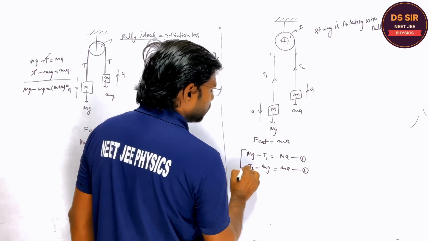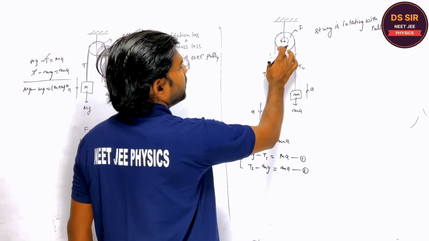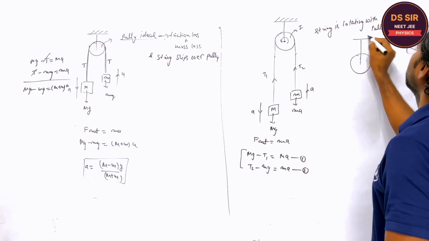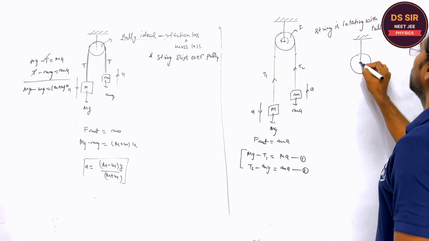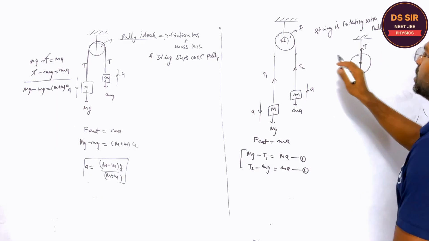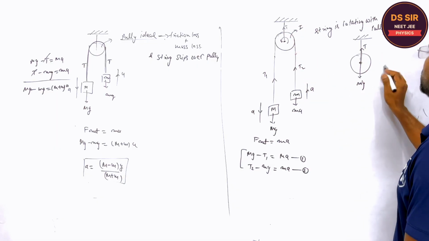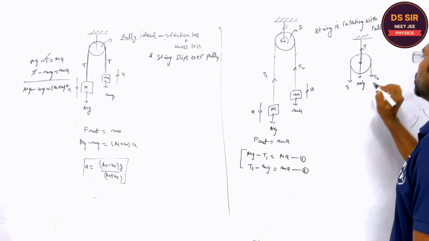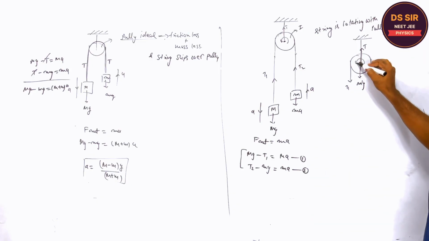This is the translational motion of the two blocks. Now consider the pulley, with its weight M dash g. Here the tension is T1, here the tension is T2, and it is rotating like this.